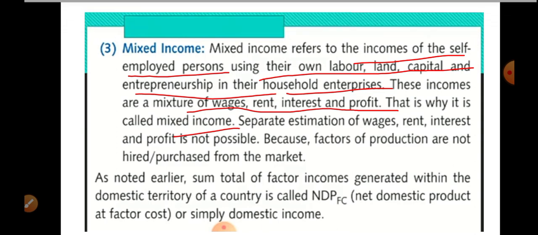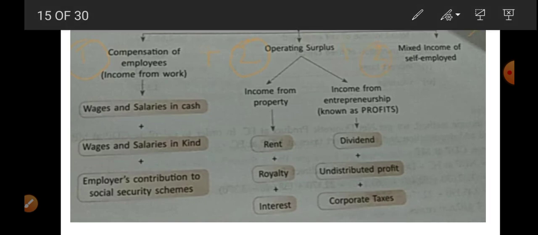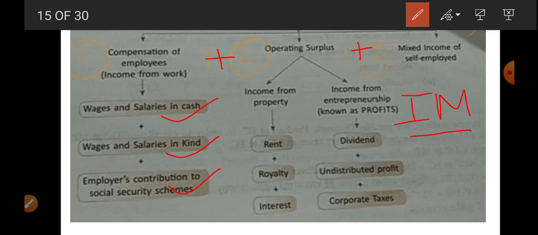Okay, now here you can see कि whenever we use the income method, okay class, we add compensation of employees plus operating surplus plus mixed income. Now compensation of employees includes three things: wages and salary in cash, wages and salary in kind, employers' contribution to social security scheme plus retirement pension.